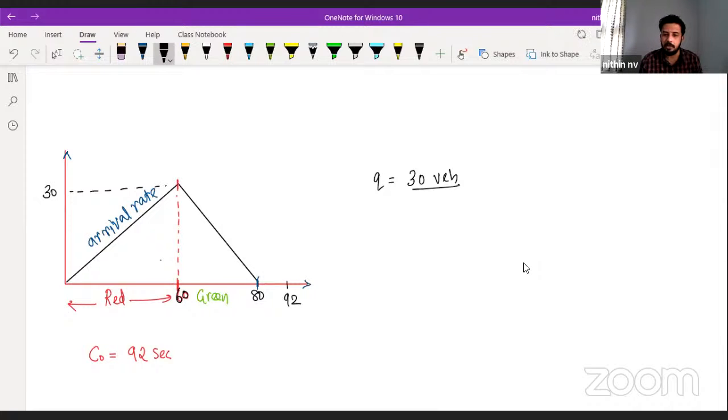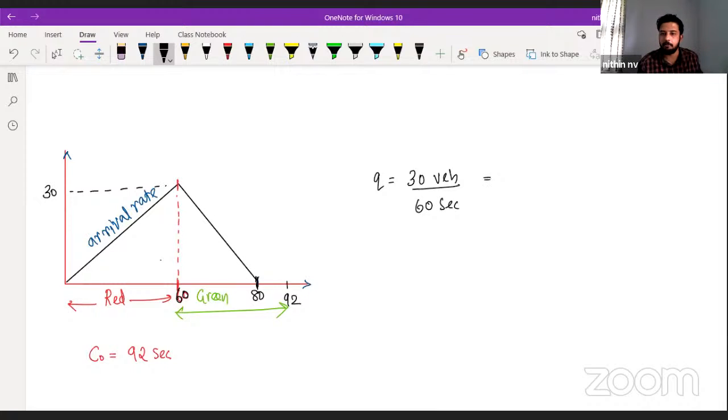All the departure, all the Q length is becoming 0 even before the effective green time. So this is the complete effective green time because the optimum cycle time is 92. Even before the green time ends, all the vehicles are departing and Q length is becoming 0, which is on the x-axis. Clear? Now tell me, 30 vehicles divided by 60 seconds.